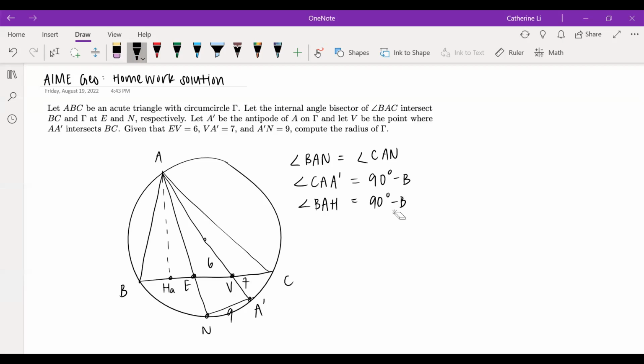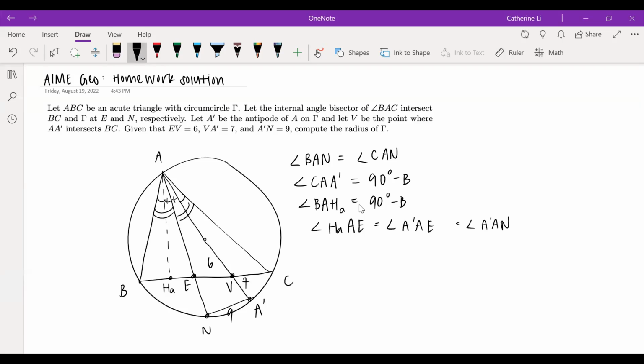So what this gives us then is that we have these two pairs of the same angles, which means that AN also bisects angle HAA prime. So angle HAAE is equal to angle A prime AE, or A prime AN. And now we have another pair of equal angles.